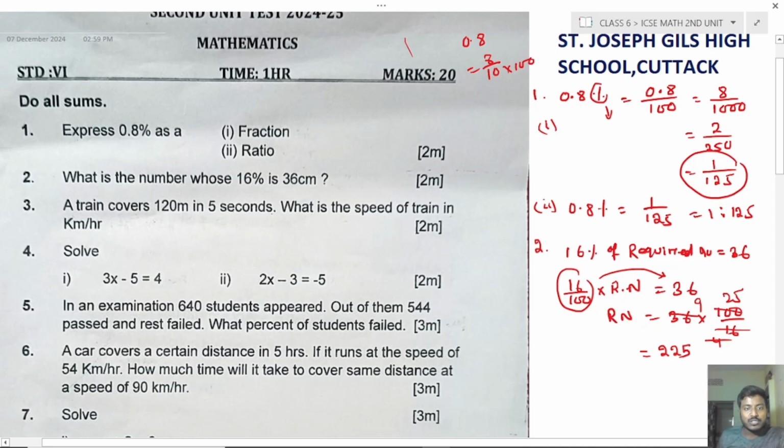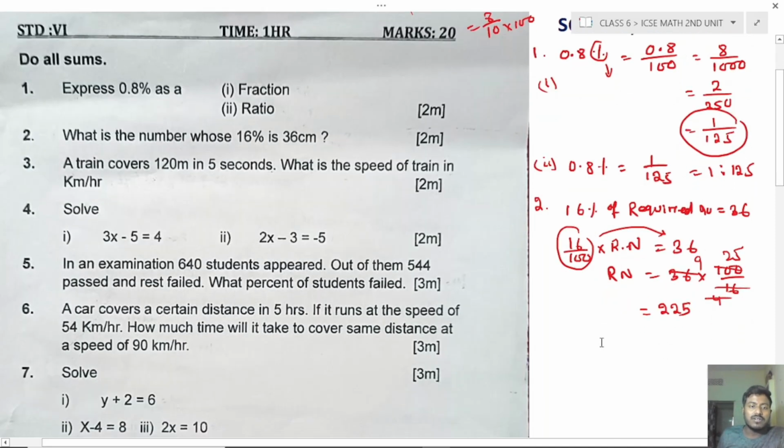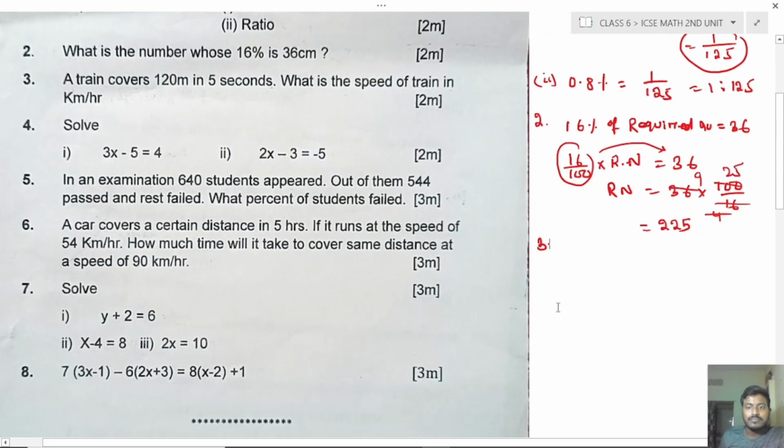Okay. Next question. A train covers 120 meters. So write down question number 3. Distance covered equal to 120 meters. Now write down time equal to 5 seconds.